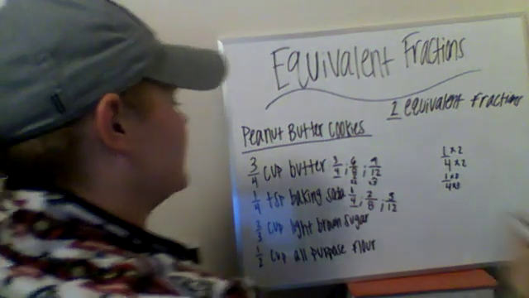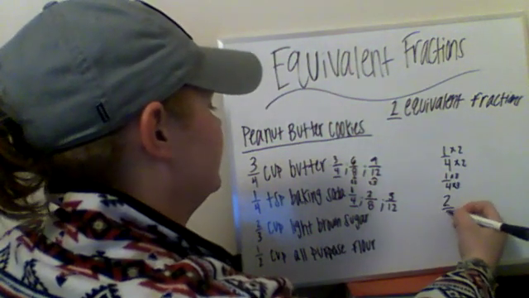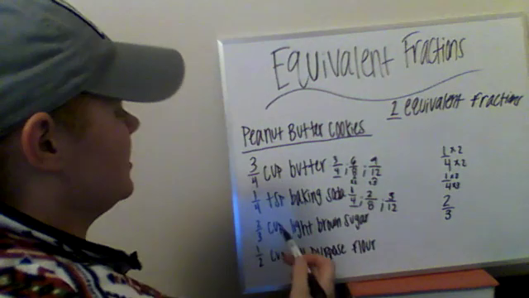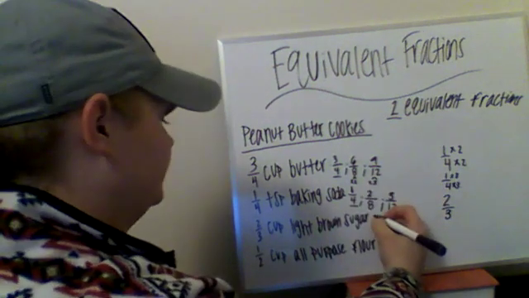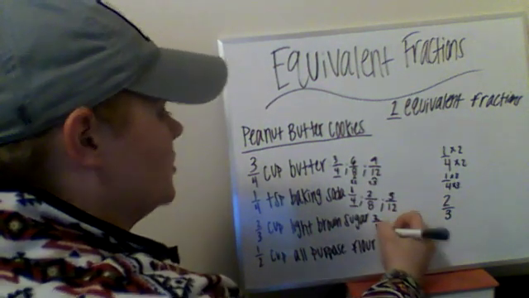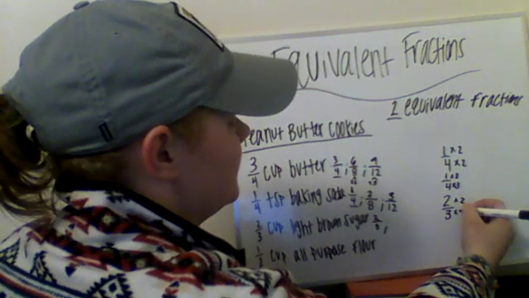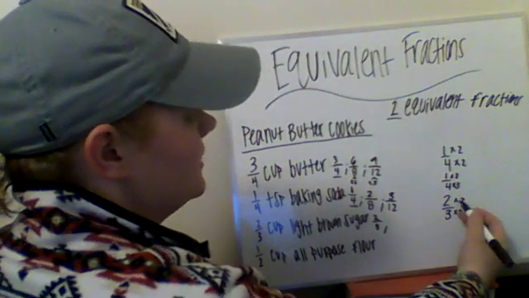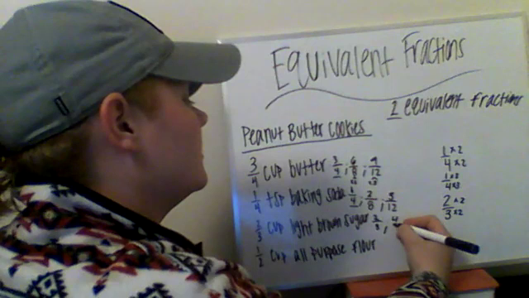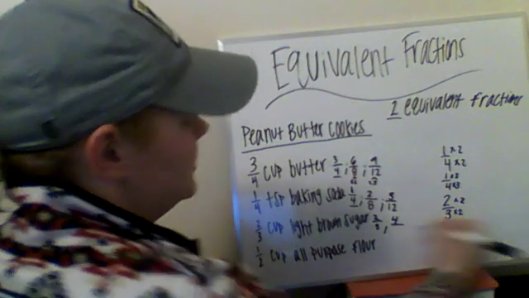All right, let's look at 2/3. That's my next ingredient. 2/3 cup of light brown sugar. Okay, so I'm going to start off multiplying by 2 with my numerator and denominator. 2 times 2 is 4. 3 times 2 is 6.